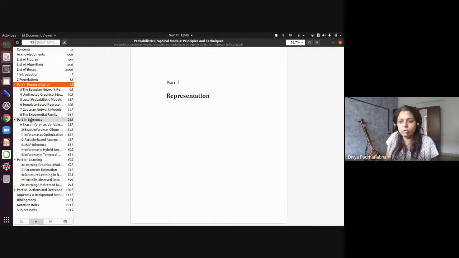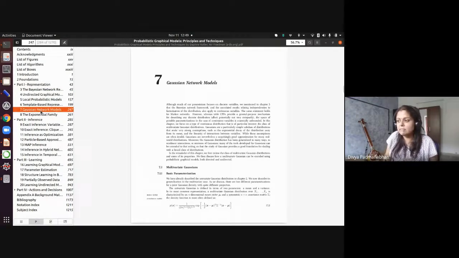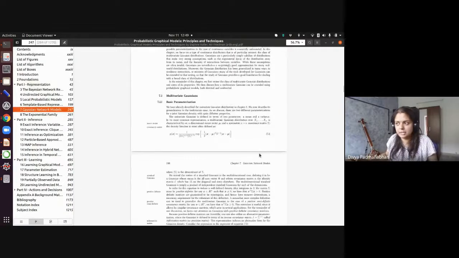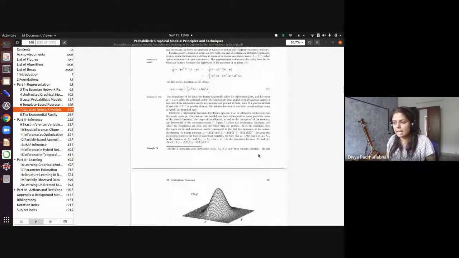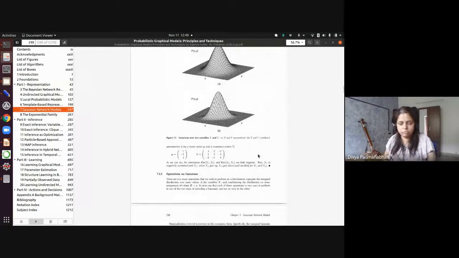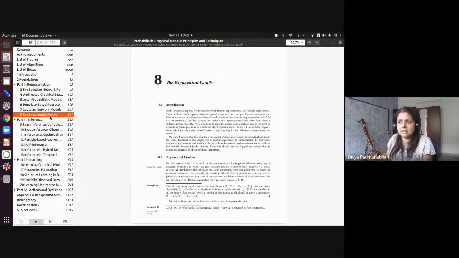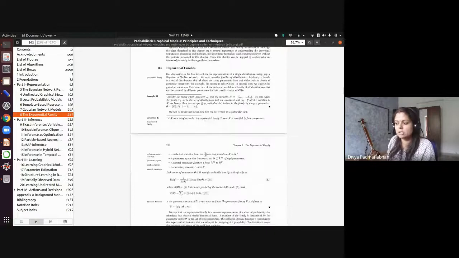The first part is entirely about the BayesNet representation. And here they have these Gaussian network models as well, which are continuous distributions. What does a BayesNet mean there? Generally this is a broader class which is called the exponential family, so it generalizes Gaussian distributions in some sense.